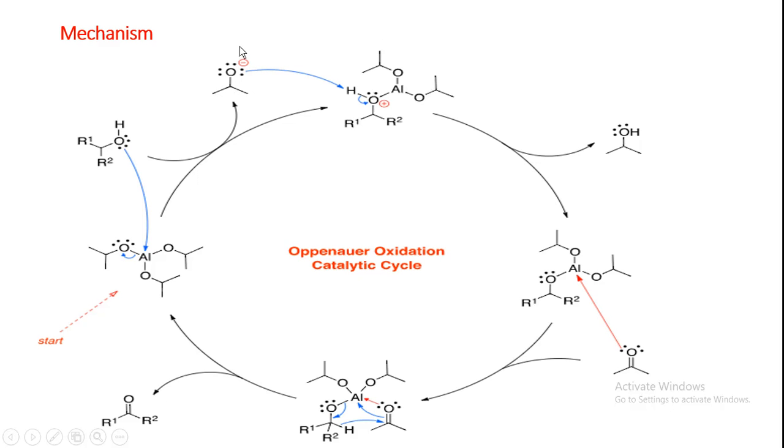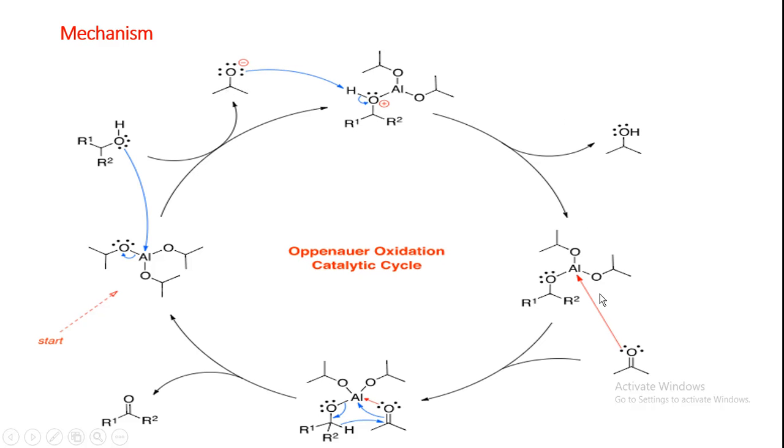Next, this alkoxide group, here the propoxide group, will abstract one hydrogen proton from here, and this will give its electron to the oxygen. So here you see CH3, CH, CH3, then OH. This is the liberated alcohol.